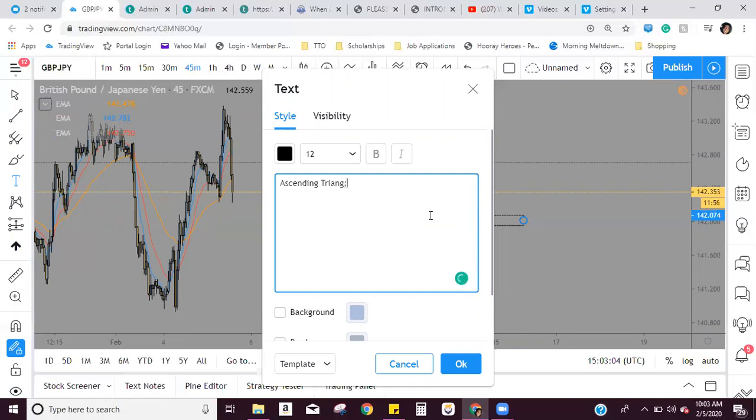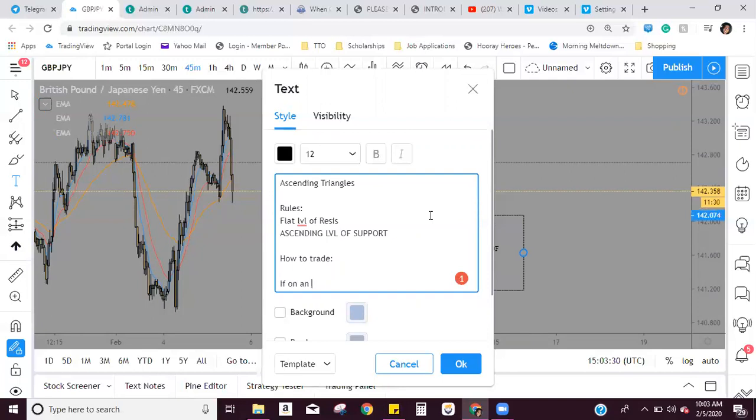The rules to them, very simple. Triangle rules: this has a flat level of resistance and an ascending level of support. Okay? How to trade.